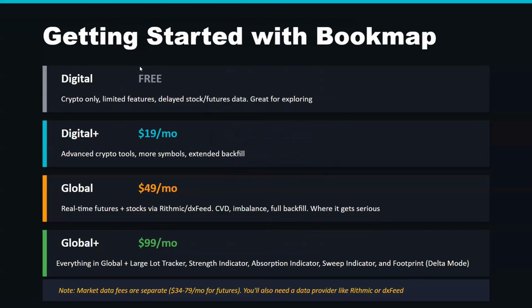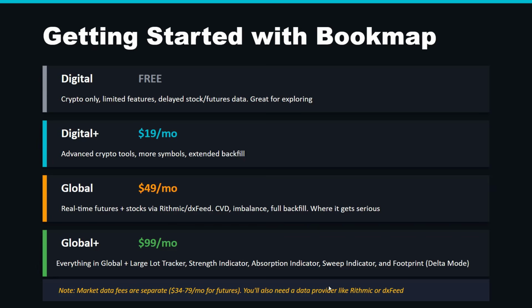So getting started with actual Bookmap and their pricing. Here's a guide about their different tiers and their pricing. Digital and Digital Plus, truthfully, I wouldn't really recommend them if you're taking Bookmap seriously. I would recommend either the Global or the Global Plus. And something that's important, market data fees are separate.